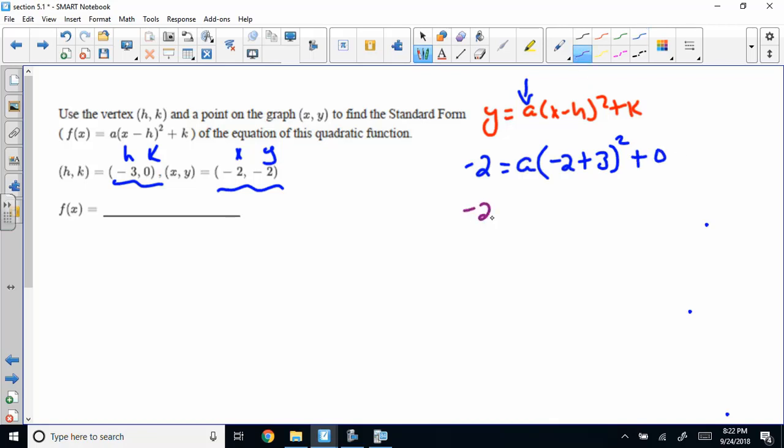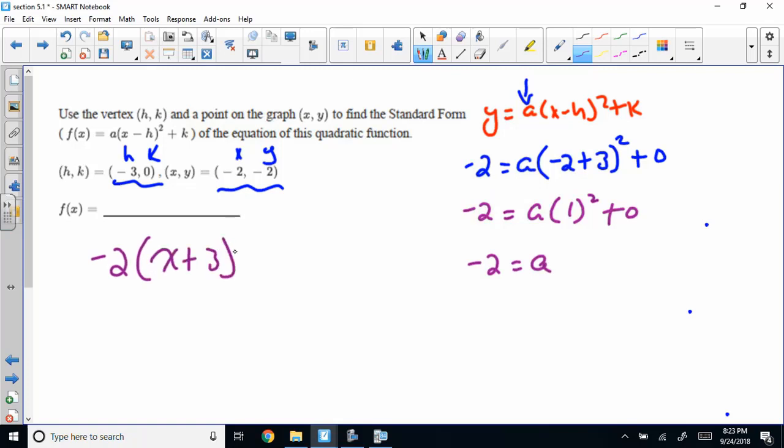So that's -2 equals a times 1 squared plus 0. So that's really -2 equal to a. So that would be -2 times (x plus 3) squared. Do I have to put the plus 0? Nah. There you go.